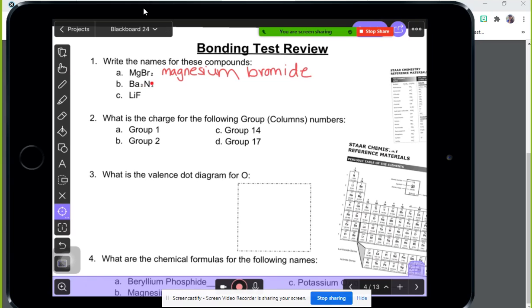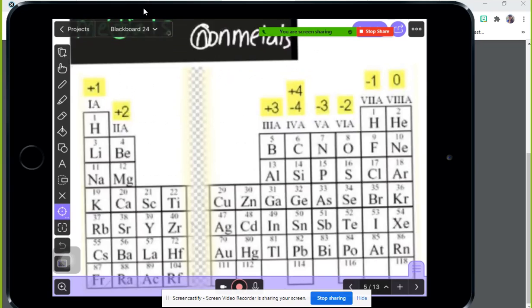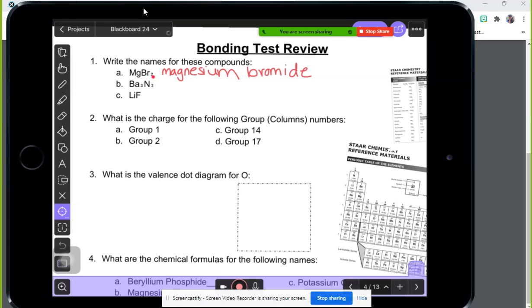Nitrogen, good. So group 13, nitrogen was in group 13. I'm sorry, I said 13. It was in group, not 13. Group what? Nitrogen's over here. He's in group 15. So he had a -3 charge, right? Okay. So it came from that -3 that came from nitrogen and it was crisscrossed.